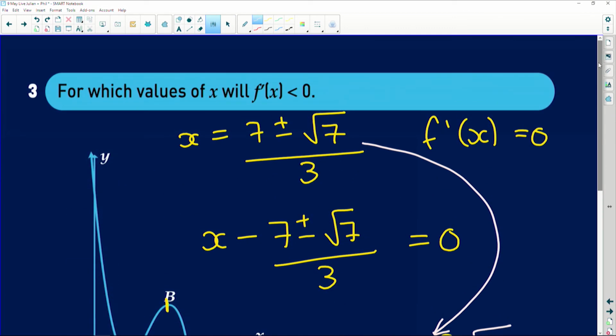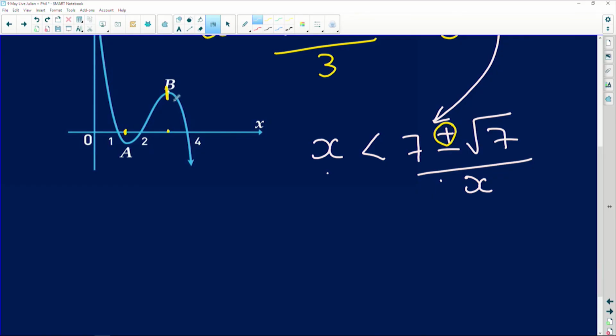And remember, guys, if this is less than 0, it means that the original graph is decreasing. Okay, so let me see if I was making sense. The graph is decreasing here. So that means that the x value needs to be greater than that one. Okay, so I was talking rubbish there. Let me make sure I qualify this. So x needs to be greater than the smaller number that we found there.